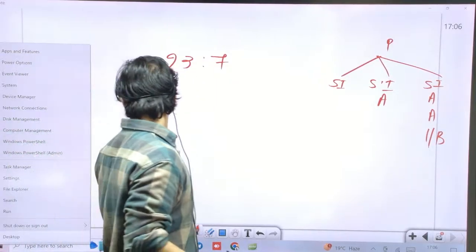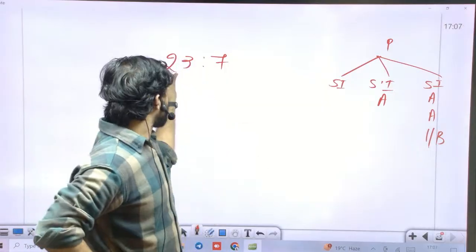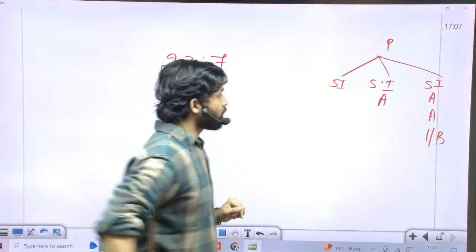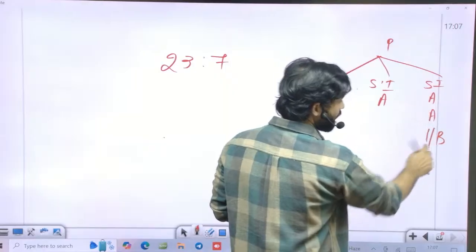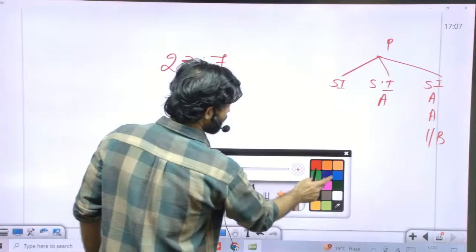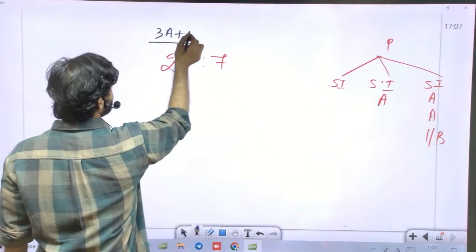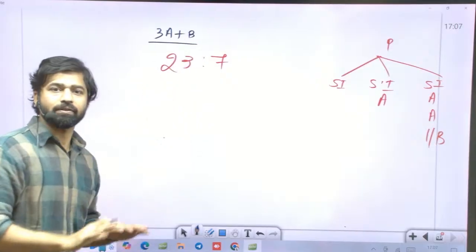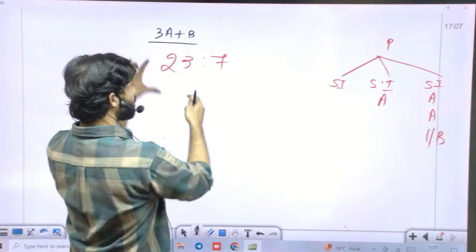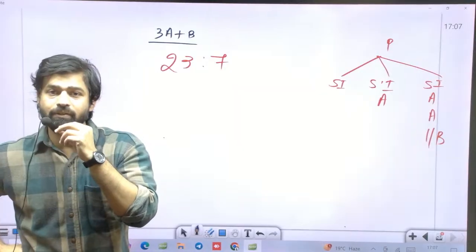In this question, the ratio is given. The ratio is 23:7, and this 23 is the difference between CI and SI for 3 years. So for 3 years, what is the difference? 3A plus 1, or 3A plus B. So I'm taking the difference, 3A plus B. This 7 is the difference between the CI and SI for 2 years.